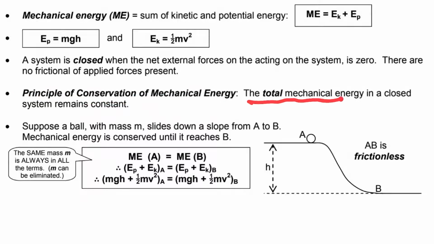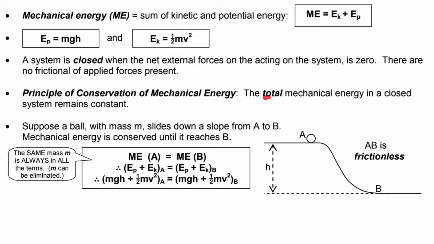Now let's look at the principle of conservation of mechanical energy. The total mechanical energy in a closed system remains constant. What do we mean the system is closed? It is when the net external force is equal to zero. For example, here we take this one as a closed system because this path is frictionless. If it's frictionless and there's no applied force, that means it's a closed system.